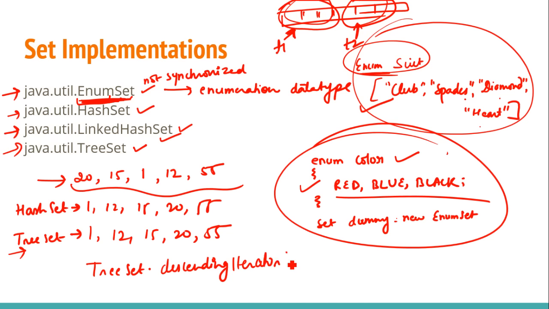So that will iterate in descending order. Now this will give you elements in descending order, that is 55, 20, 15, 12 and 1. This is the order in which you get a tree set when you call a descending iterator over it. Alright, so I hope so far we are good and clear on this.